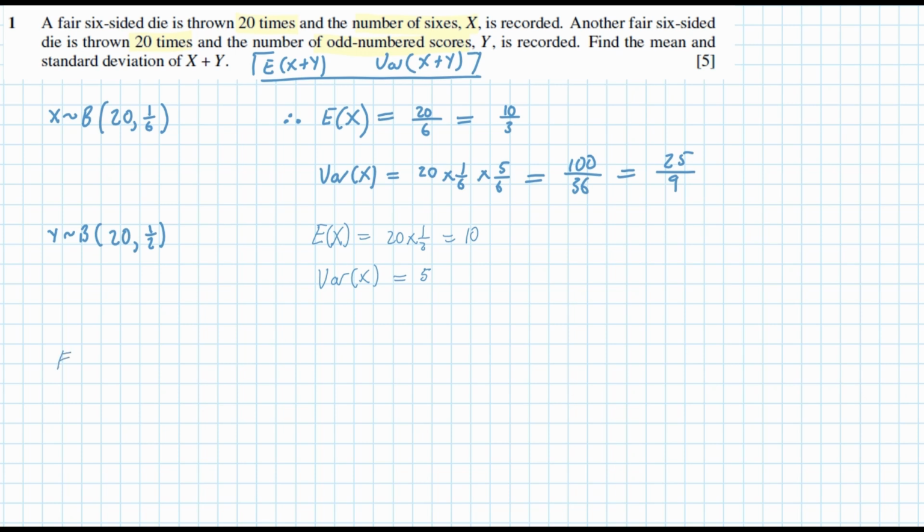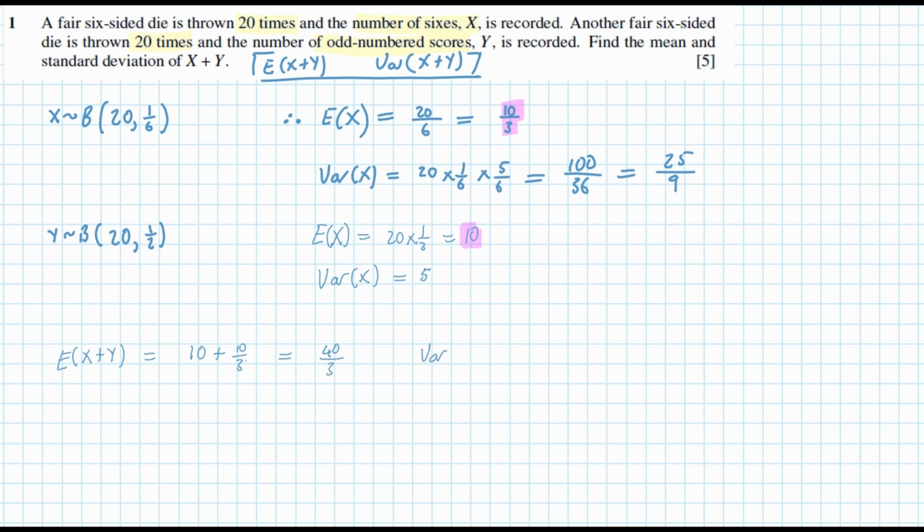Linear combinations of variables. E of X plus Y is simply going to be adding together this and this. So we get 10 plus 10 over 3, and that gives us 40 over 3.